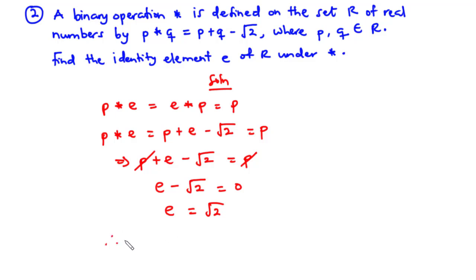So the identity element E under the operation star is square root of 2.